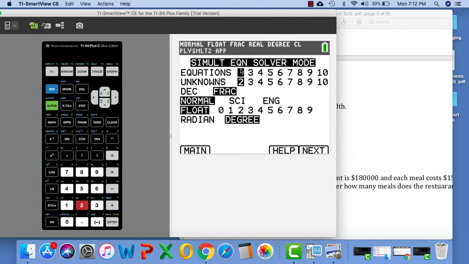So I want to choose 2 equations and 2 unknowns, meaning two variables. If you have the option, leave it on fraction, and if it's possible to put the answer in fraction form, it will. And then down here where it says next, that next button is right above your graph button. So you're going to hit the button that says graph.